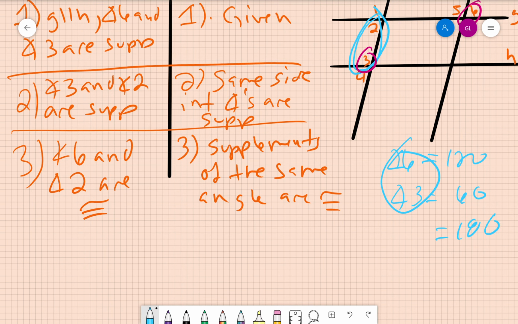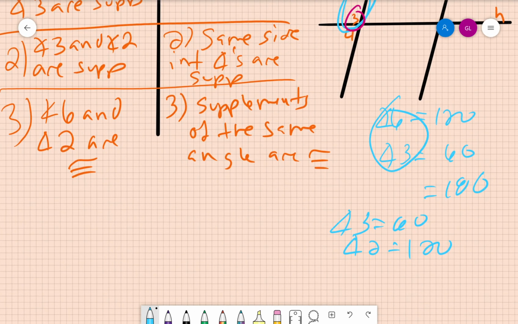If angle 3 equals 60, what's angle 2 equal? 60? No, look at it. 120, right? Because they both equal 180 degrees. So if angle 6 and 3 are 180, and let's say for an example angle 3 is 60 degrees, that means that angle 2 must also equal 120, like angle 6 does. So that's why it says supplements of the same angle are congruent.